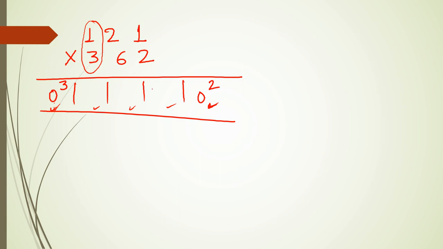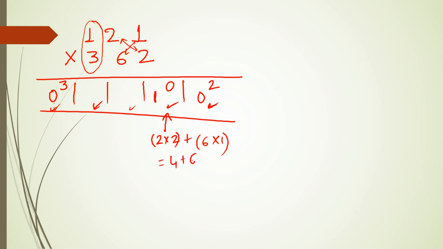Then there comes this one and this one. These are the next easy ones. 2 times 2 is 4, plus 6 times 1 is 6. So 4 plus 6 is 10. It is the first time, that's why I'm writing it out. We will do 2 times 2, plus 6 times 1.